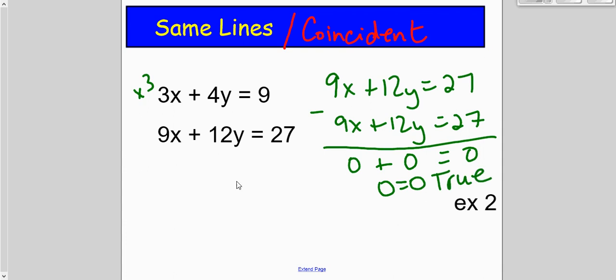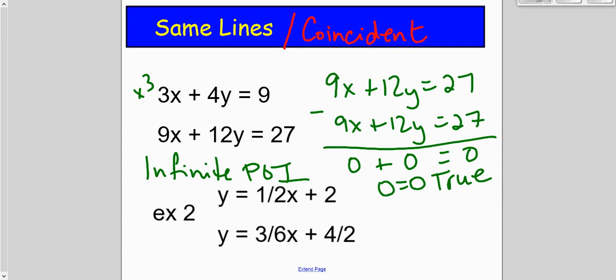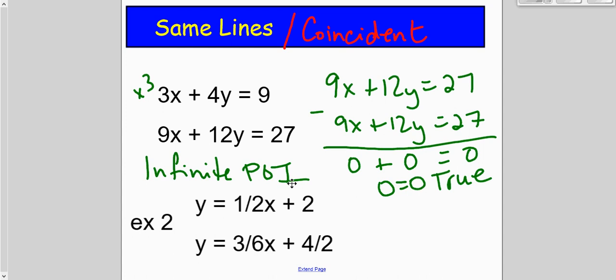Like 0 does equal 0, but this is where we're going to have infinite points of intersection because it's the exact same line. And again, if you were going to examine a couple of equations, notice that my slope here is 1/2, and my slope down here is 3/6, but 1/2 and 3/6 are exactly the same.